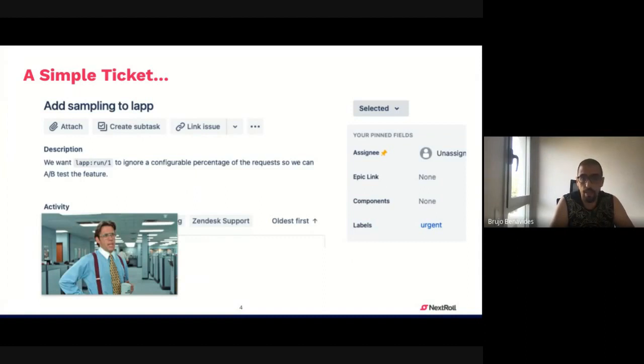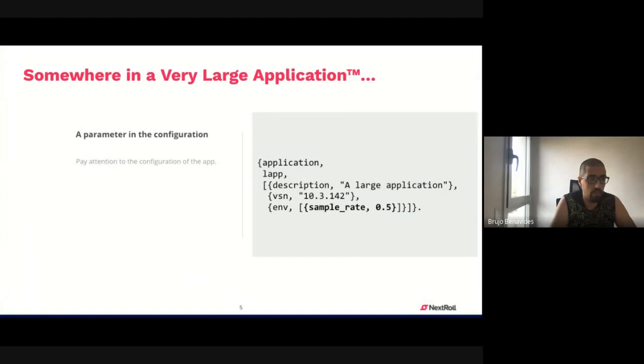All right, and then there is a ticket in your company, in your work, and it requires that the run function not always evaluate the param, but only some percentage of the time, to do some A/B testing or whatever. It's a kind of real-life scenario, very simplified. So you go to your application and you introduce a parameter to sample the execution of run, the sample rate, with, say, a 50% chance of happening.